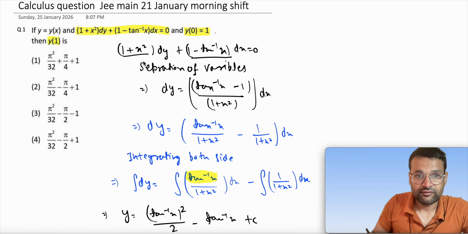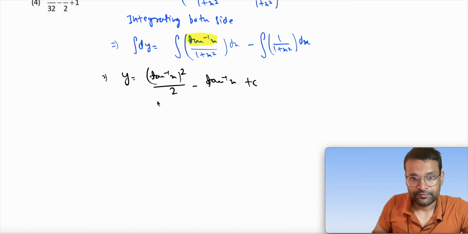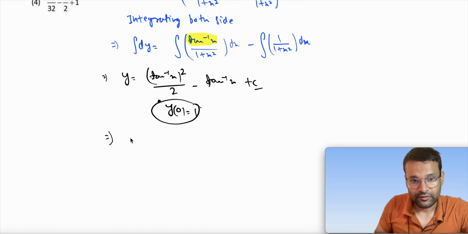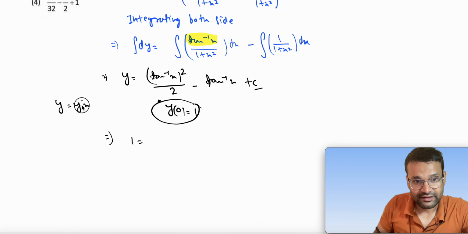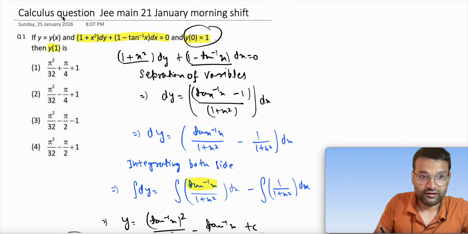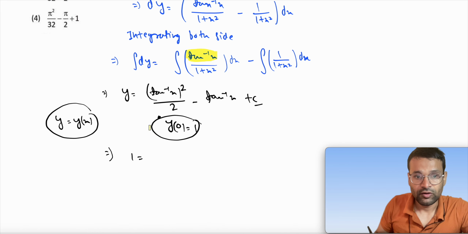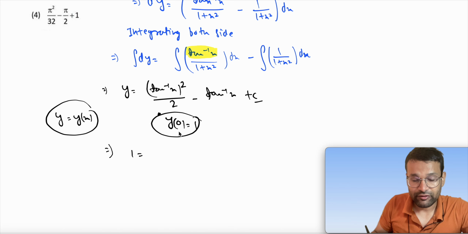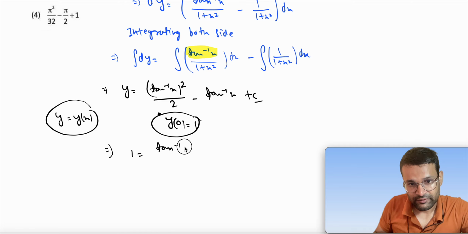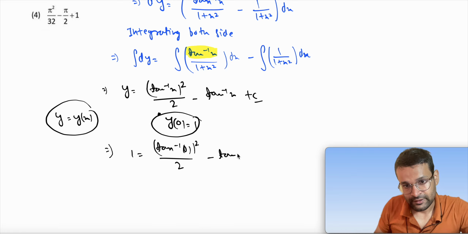Now the initial condition given in this question is y(0) equal to 1. So we apply this and find the constant of integration c. Here we put 1 in place of y, because y is y(x), also written in the question. So y(0) equal to 1: tan inverse 0 is 0, so 0 by 2, and again tan inverse 0 is 0, plus c.